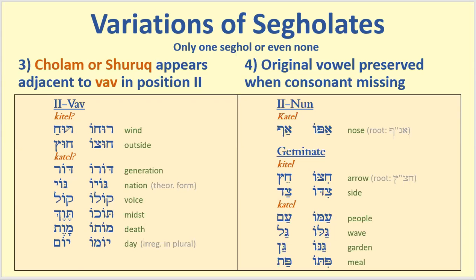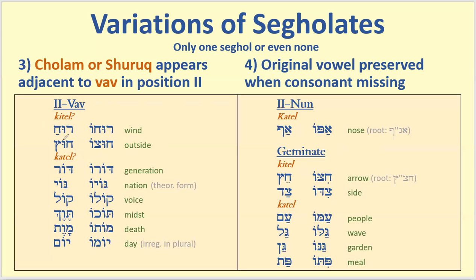The issue here is that rather than taking on a typical vowel pattern, the vav messes it up, and so we get a preferred shurik or sometimes cholam because of that vav. The word ruach was probably originally a kittel form, but there's no way to prove it. In the suffixed form, we simply get rucho. Chutz is another example; like ruach, its suffixed form is chutzo.